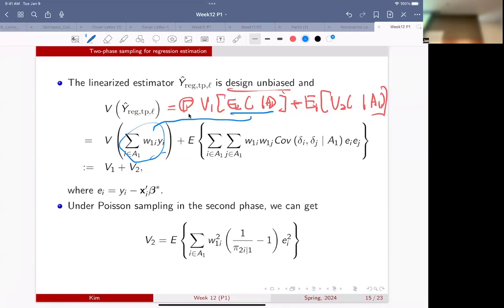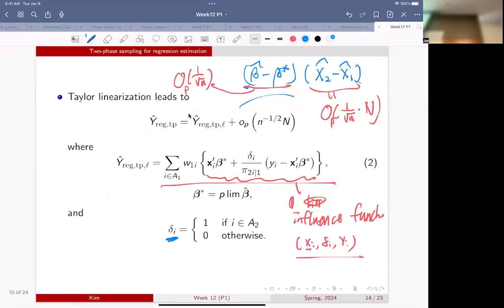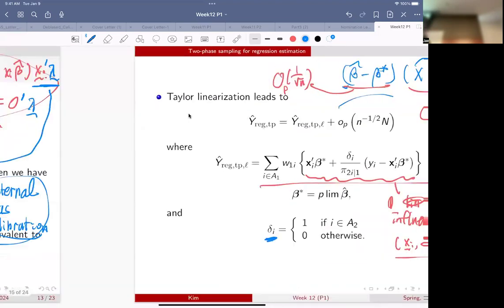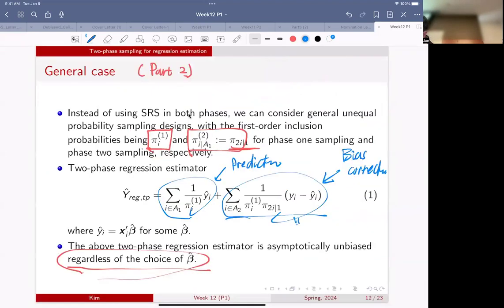This is a summation, right? If you view it as a summation with respect to delta, then you have something like this. The interesting part is, if you care about determining pi_2i given 1, you don't really have control on first phase sampling.